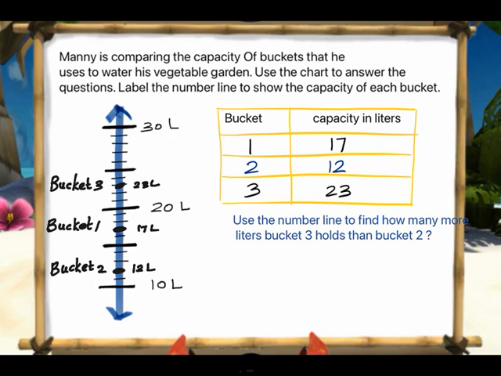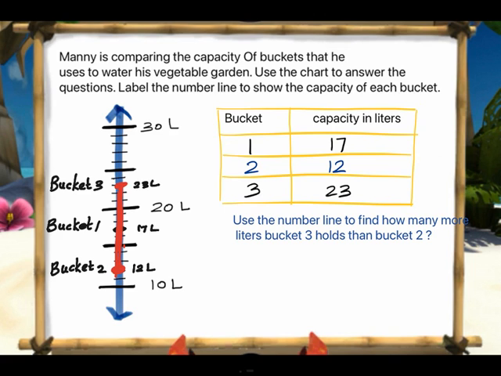So we know this is the point of bucket 2 and this is the point of bucket 3. So the difference is this much higher is bucket 3 than bucket 2.